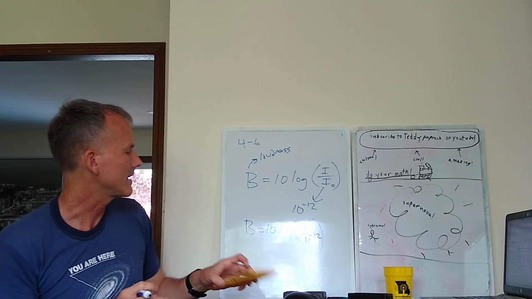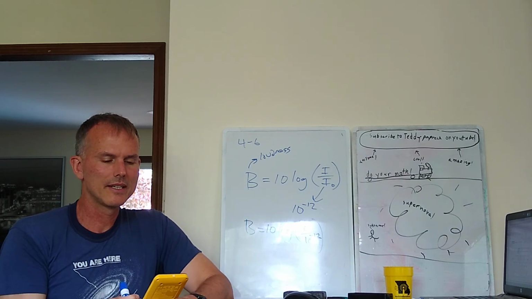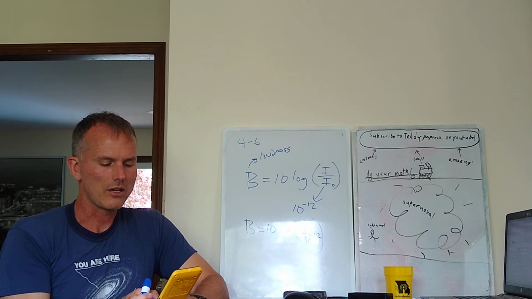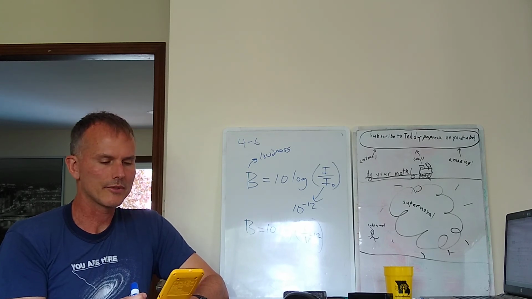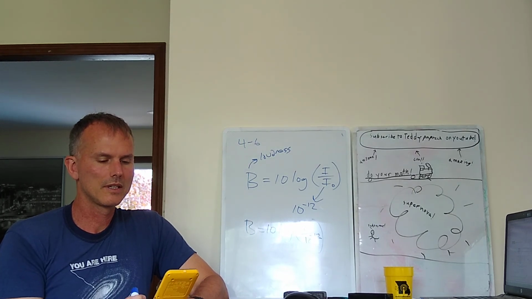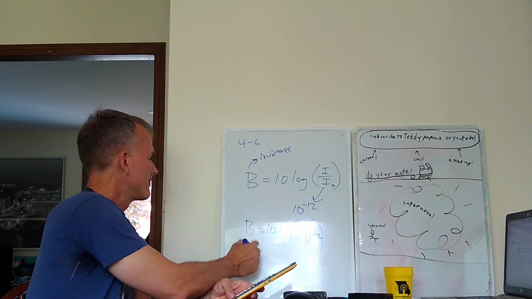And then I just calculate it. So I type in 10 log of 100 divided by 10 to the negative 12th. And I got 140.